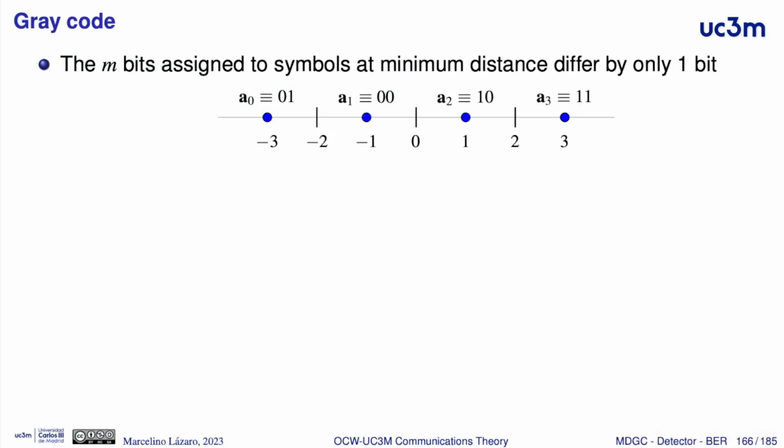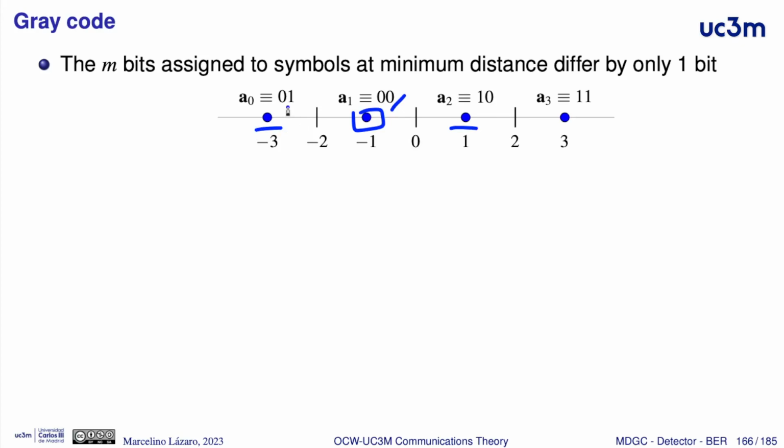In a Gray code, the m bits that are assigned to symbols which are at minimum distance differ only in a single bit. For instance, if this symbol here in this constellation is assigned 0, 0, the two symbols that are at minimum distance, A2 and A0, will have a binary assignment that differs in a single bit.